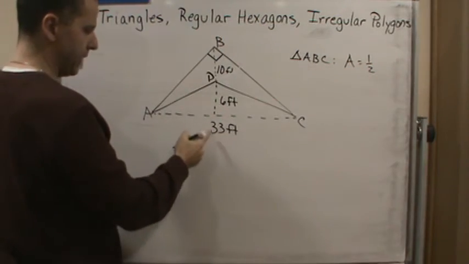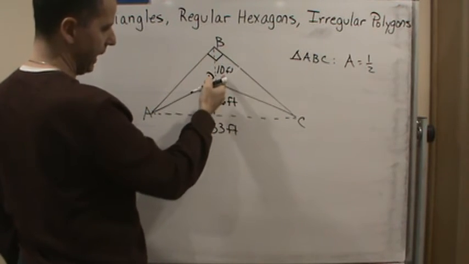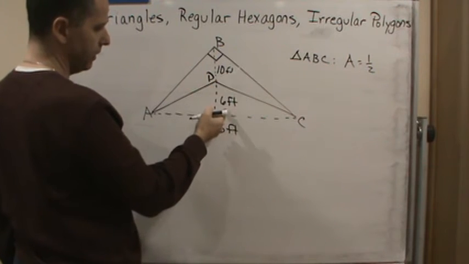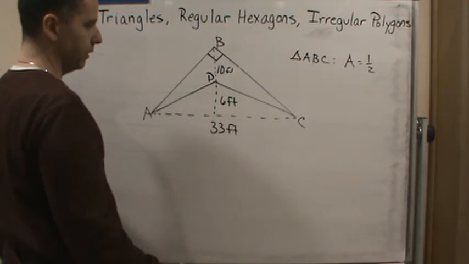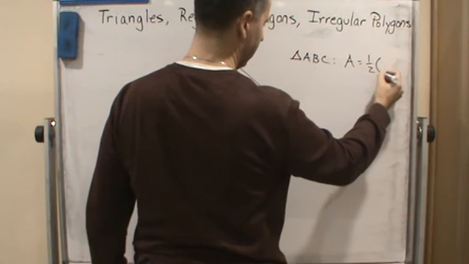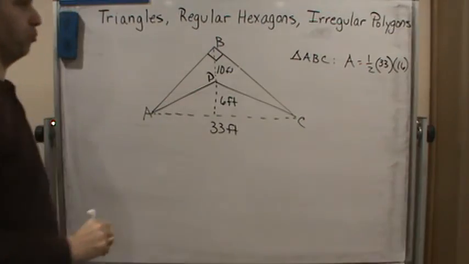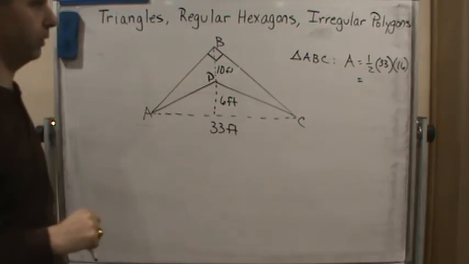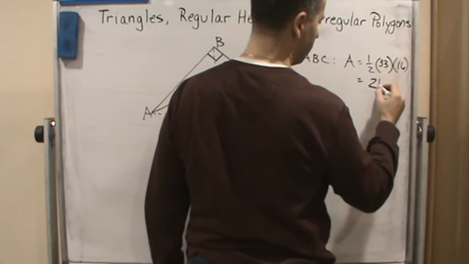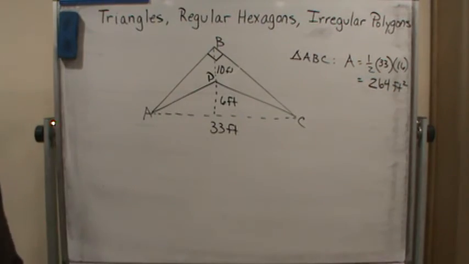What's the base? 33. What's the height? They gave us these two distances, so if we add these two lengths, that gives us the height from B to the base. It's going to be 16. So it's one half times 33 times 16, or 8 times 33. That would be 264 square feet. Put it in your calculator.